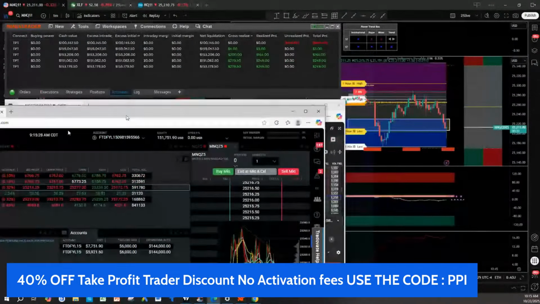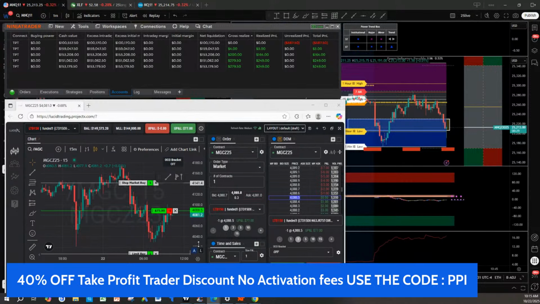And we are green on all the other stuff. Green on the short micro gold and green on all the TPTs on the micros. So the tools are respected perfectly there, the game plan.